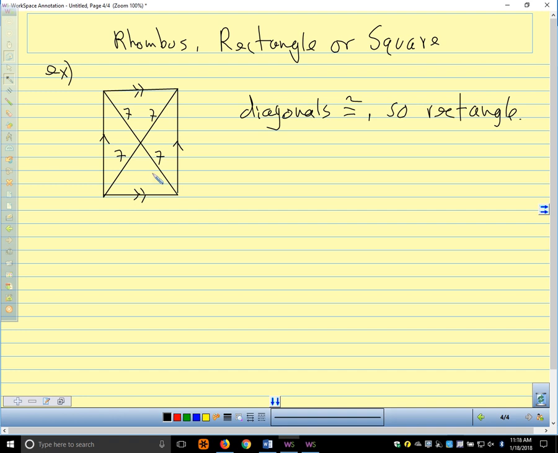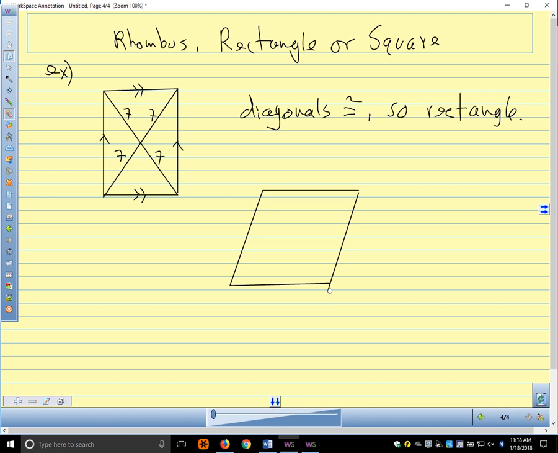How about this one? And again, don't go by what the picture looks like. Go by what the information tells you. Sometimes they'll draw pictures that look like a parallelogram. They'll look like it can't be a rectangle or a square. But the information that they give you tells you that it's a square. So the picture can be tricky.